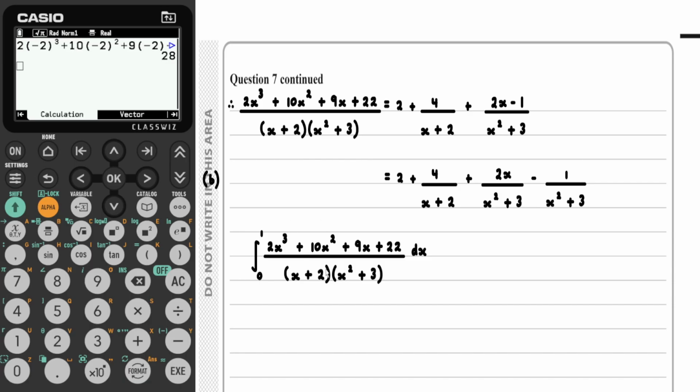So now when we come to integrate (2x³ + 10x² + 9x + 22) over (x + 2)(x² + 3) with respect to x from 0 to 1, that is the same as integrating 2 plus 4 over x + 2 plus 2x over x² + 3 subtract 1 over x² + 3 with respect to x from 0 to 1.